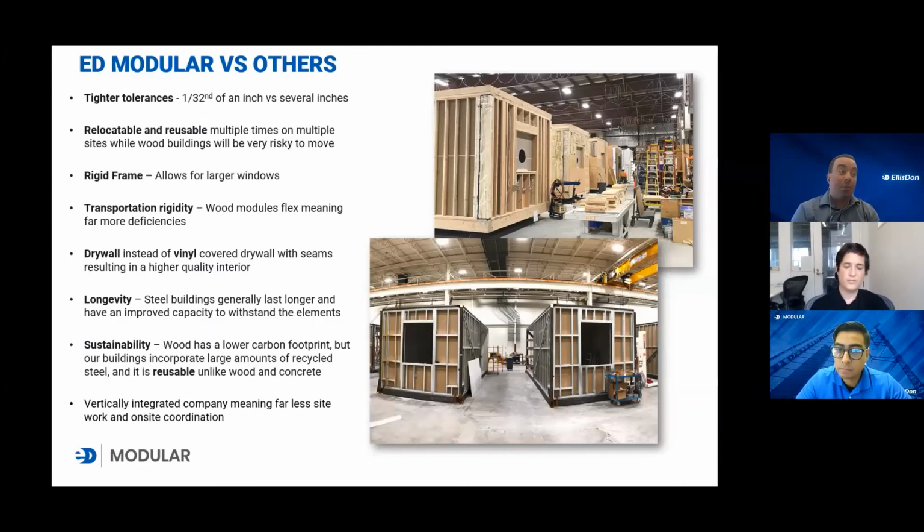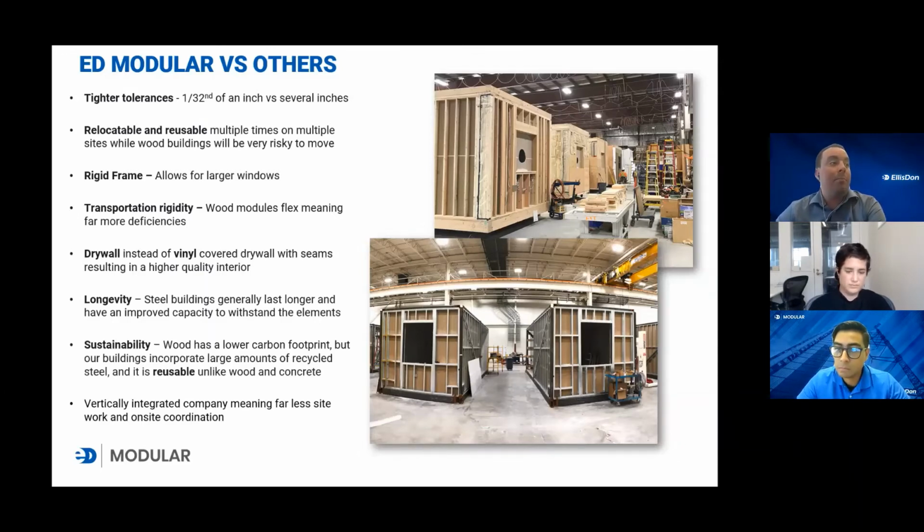And because we have that strong structure, in most of our buildings we're going to see typical drywall that you see in a conventional building, as opposed to what you see in a lot of modular buildings today, which is vinyl covered drywall, which again certainly has its place and its advantages.